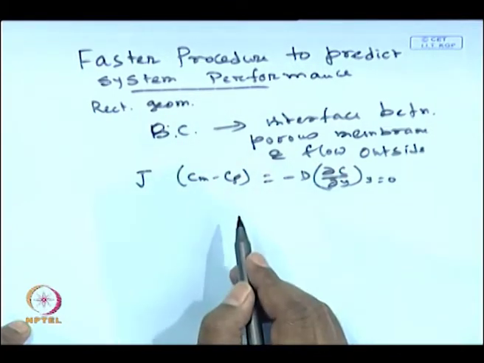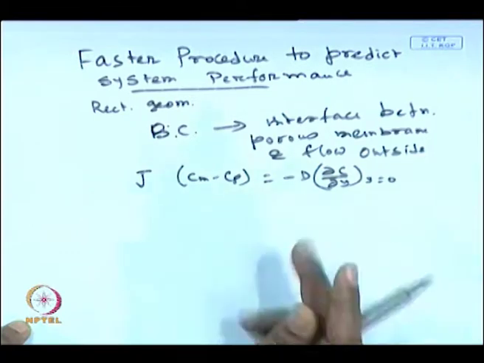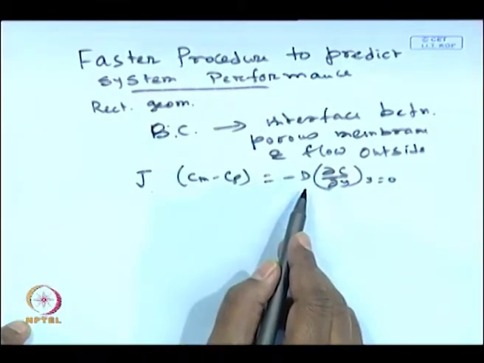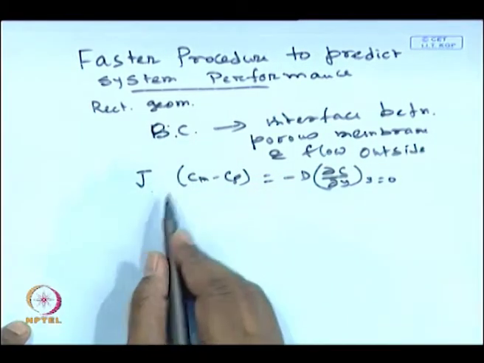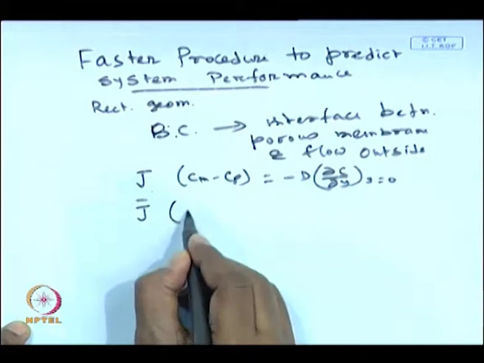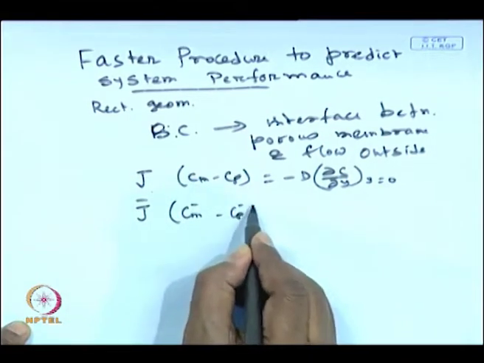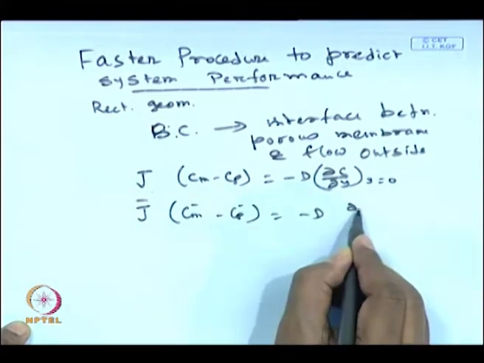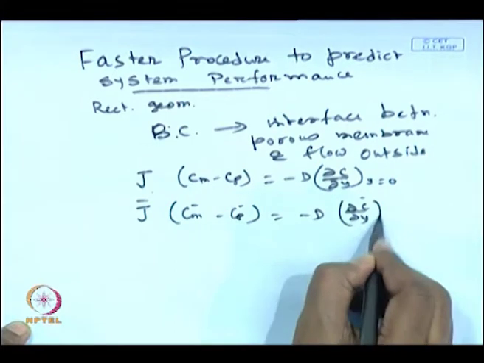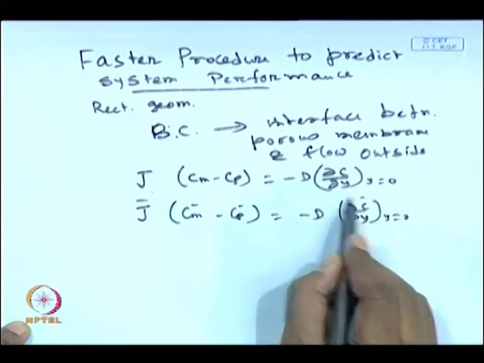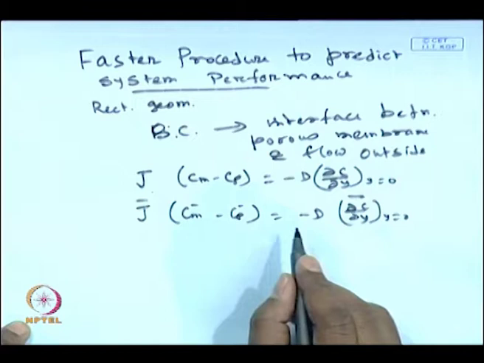Now instead of delta x, if we consider this delta x is basically the full length of the membrane module, in that case, all these quantities will be replaced by the length averaged quantities, right. So we can talk about length averaged quantities: Cm bar minus Cp bar is equal to minus D del C del y at y equal to 0, the whole derivative being a length averaged bar.